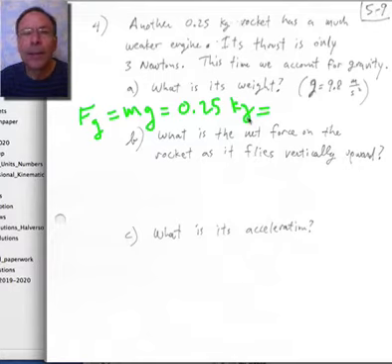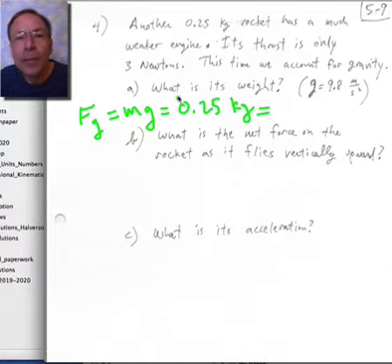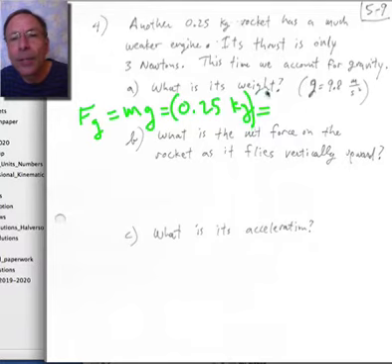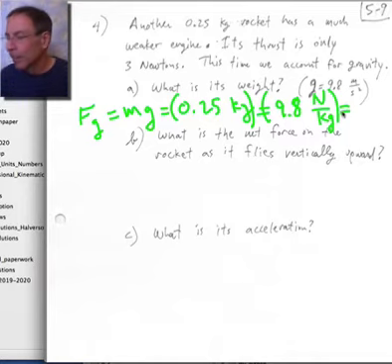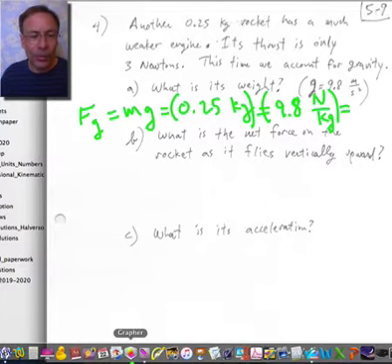And so let's see here. We need to multiply that by G, 9.8 newtons per kilogram. And we're going to get, what I need is my calculator. Let me interrupt this while I get my calculator out.